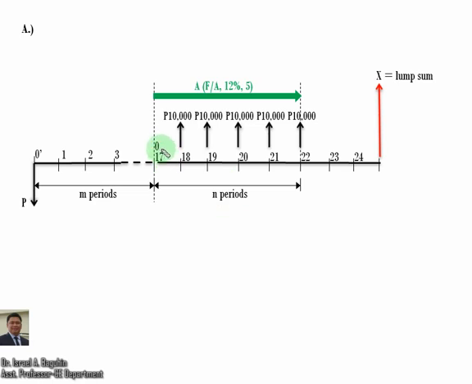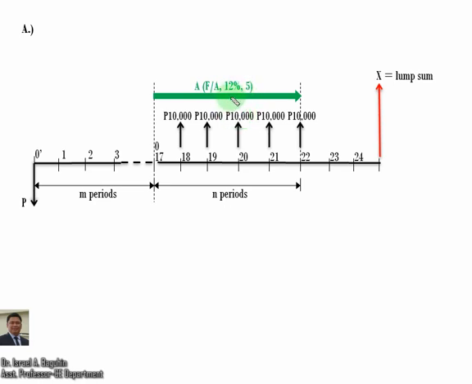So we put zero above the 17, and we involve here 5 years from this zero period, since we have five equal annual payments: first year, second, third, fourth, and fifth until the 22nd year. So considering the N periods, we have this n equal to 5 years.